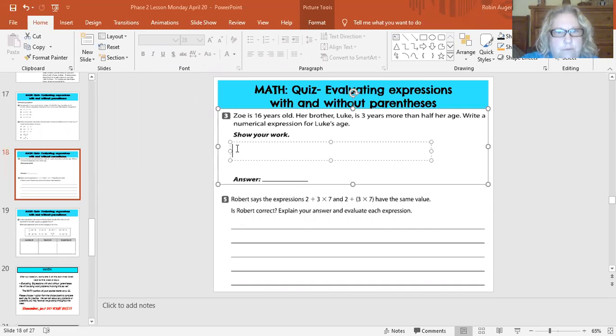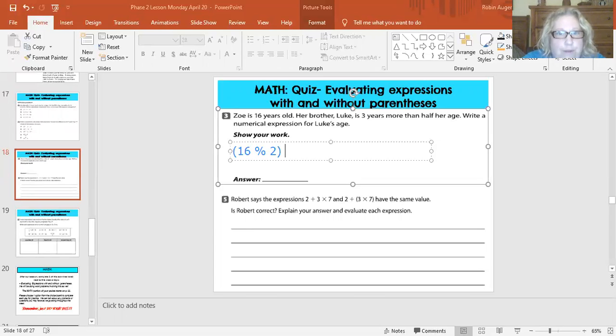So we're going to do 16 divide by 2. That's the first thing we're going to do. So we're going to put it in parentheses. And because we want to make sure that that's the first step. Then it says Luke is 3 years more than half.